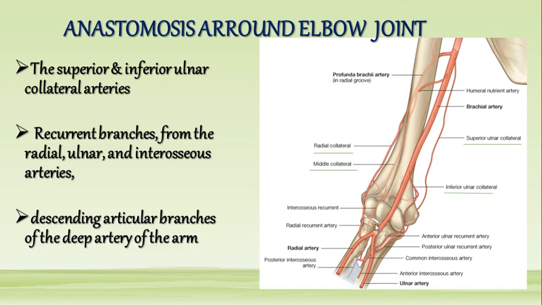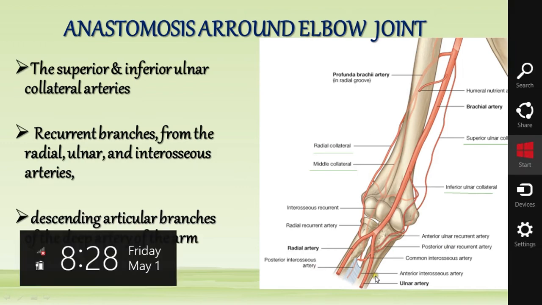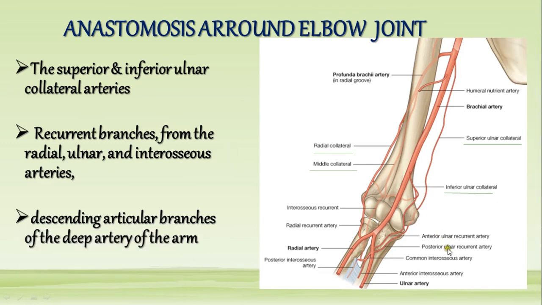So briefly, if we say: two branches from the brachial artery, the superior ulnar collateral and inferior ulnar collateral; two branches from the profunda brachii, the radial collateral and the middle collateral; two branches from the ulnar artery, the anterior ulnar recurrent and the posterior ulnar recurrent; one from the interosseous artery, the interosseous recurrent; and one from the radial artery, the radial recurrent.